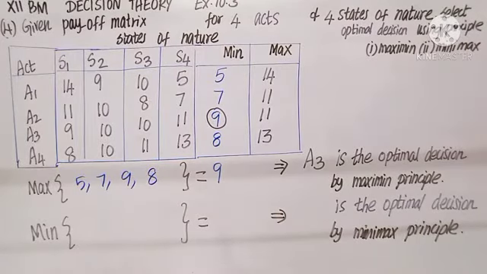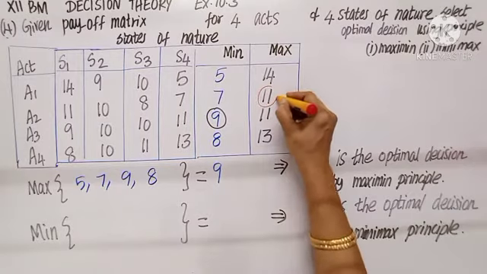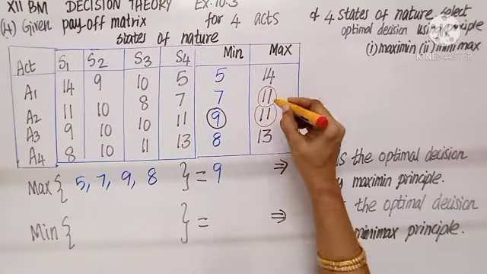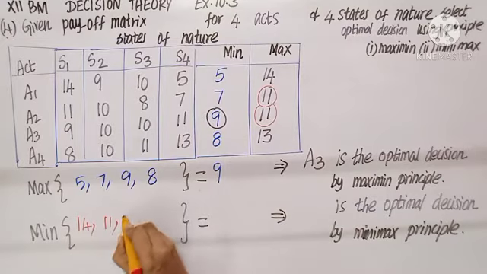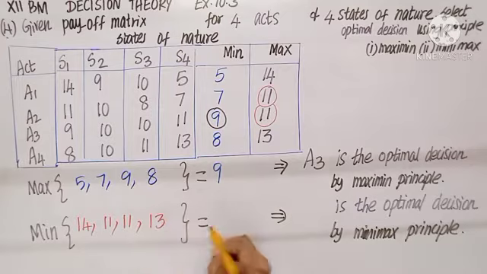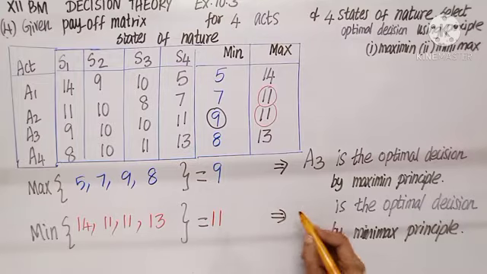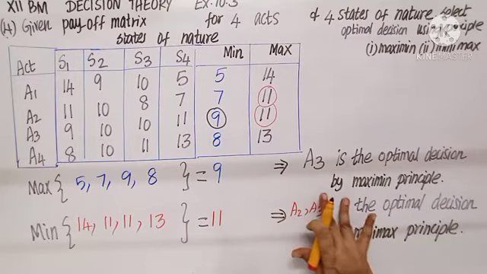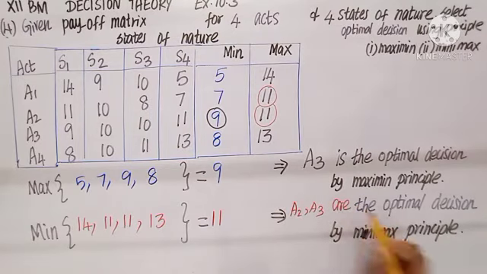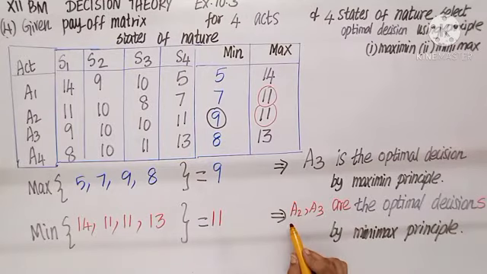So I have 2 values the same, so both I can choose. Out of 14, 11, 11 and 13, minimum is 11. So we can choose A2 as well as A3 as the optimal decisions. So not only one, we have 2 now. So A2 and A3 are the optimal decisions by minimax principle.